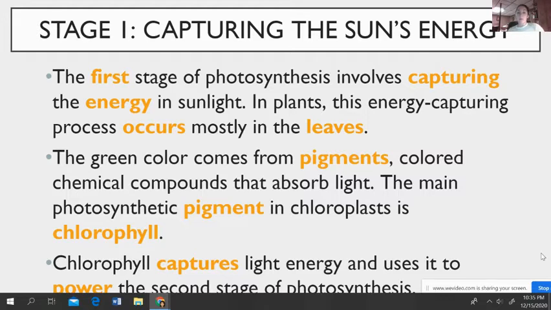Now, chlorophyll absorbs red and blue light, but it doesn't do a good job of absorbing green light, so that's why it reflects it, and that's what we end up seeing. So chlorophyll captures light energy and uses it to power the second stage of photosynthesis. It takes that energy and it's now going to put it to work.